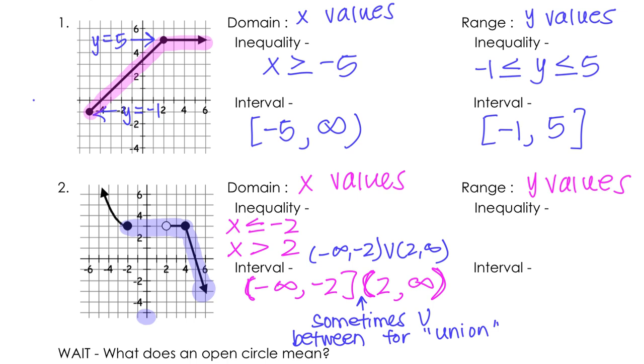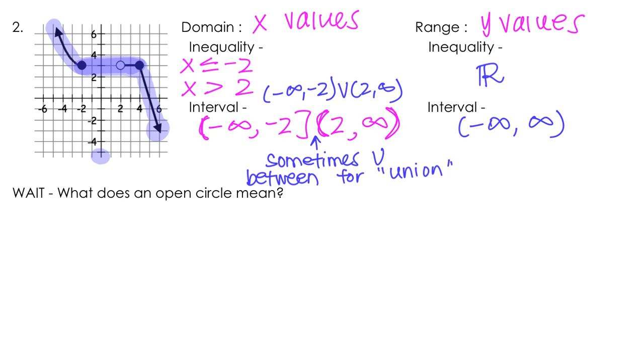There would be a break if, let's say, this guy was like up here, and there was like a break right here. Does that make sense? As we're scanning up and down, there is no break in the y values. We pick back up here and we keep going up to infinity. So there are no holes in the range. It goes from negative infinity, stalls out for a little while, but then keeps going up to positive infinity. So that is going to be all real numbers or negative infinity to positive infinity.